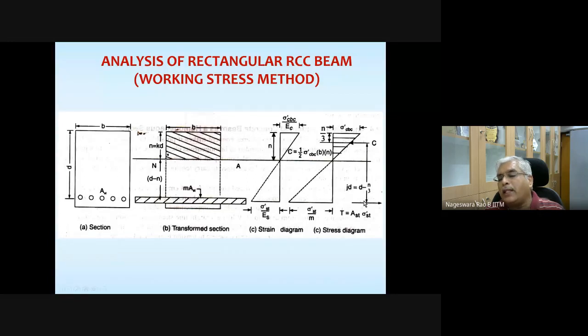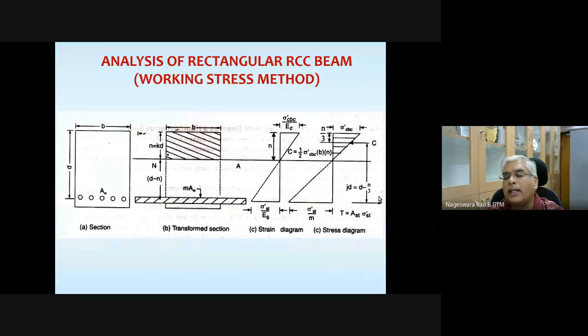Okay, and why JD? You can write this as D minus N over 3. N you can write as KD. Then what is this lever arm distance going to become? D multiplied by, in brackets, 1 minus K divided by 3.